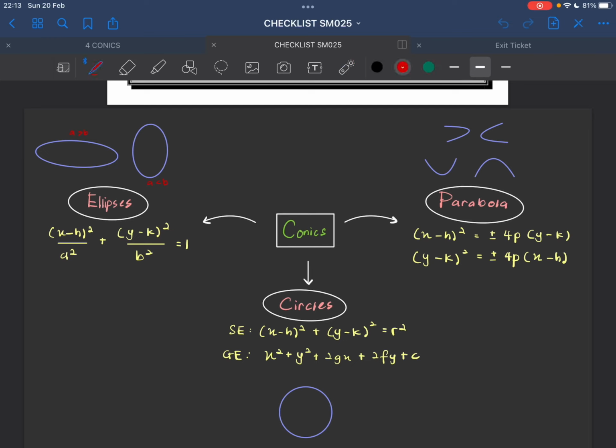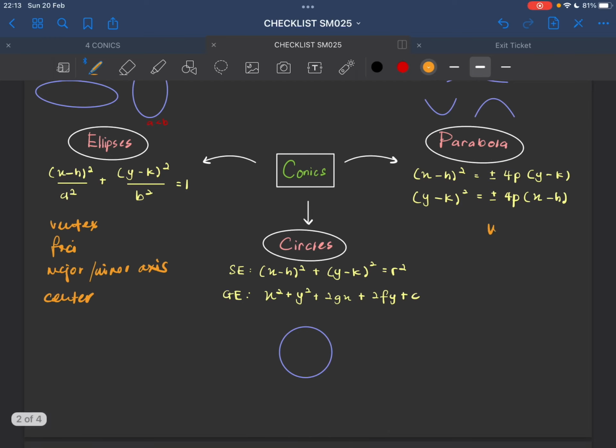For ellipse, the keywords are the vertex, the foci, the major axis, the minor axis, and we also have the center. For the parabola, the keyword is vertex. We do not have a center, but we do have a focus. Focus and foci are the same thing. Foci is plural, because for an ellipse we have two foci.